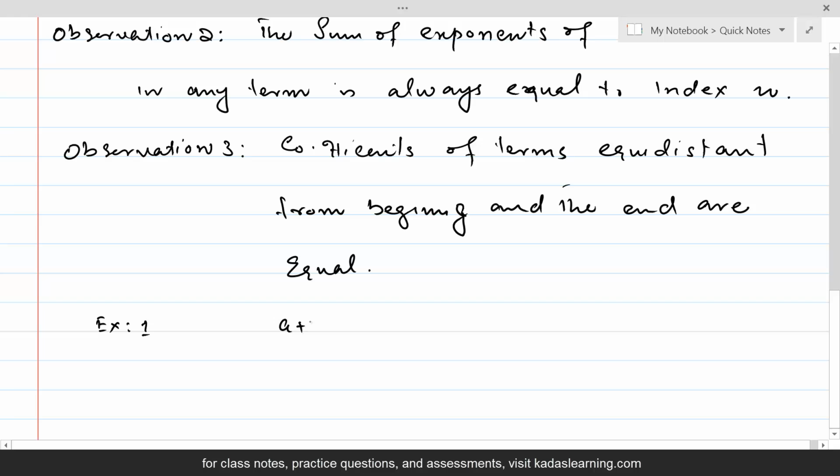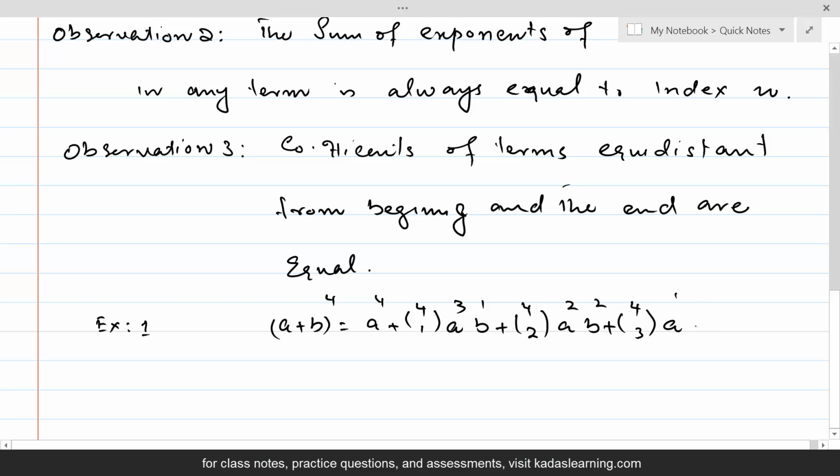If we expand (a plus b) power 4, by binomial expansion we are going to write a power 4 plus 4C1 a power 3 b power 1 plus 4C2 a power 2 b power 2 plus 4C3 a power 1 b power 3 plus b power 4.